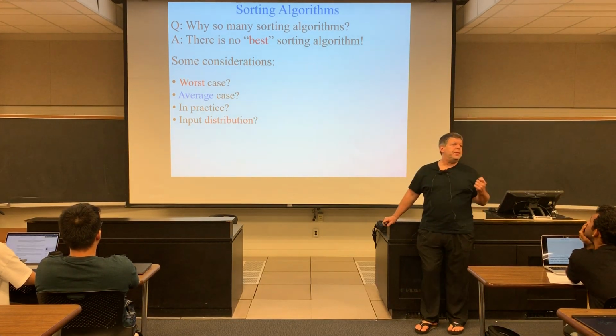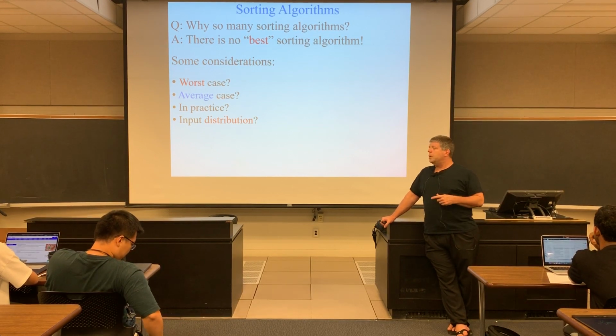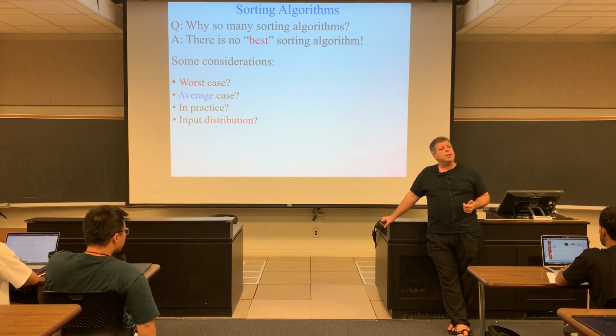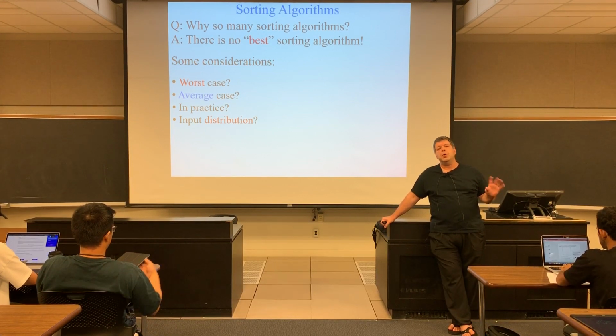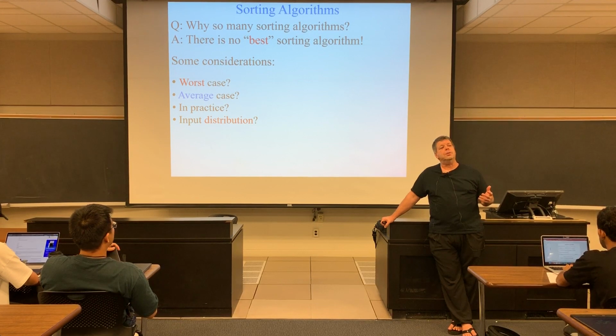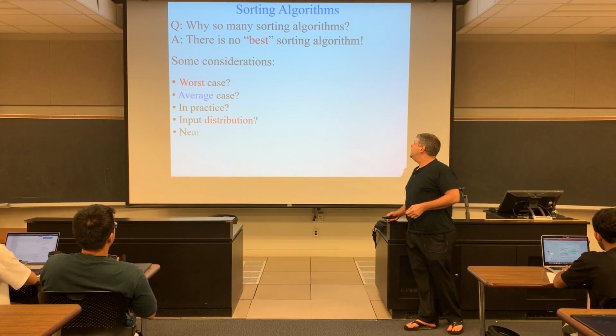If you're sorting a very specific input distribution, you may want to pick one algorithm over another. For example, if your numbers are all zeros and ones and you're trying to sort the zeros and the ones in order, don't pick merge sort. Just pick a counting sort, and that'll be a lot faster.